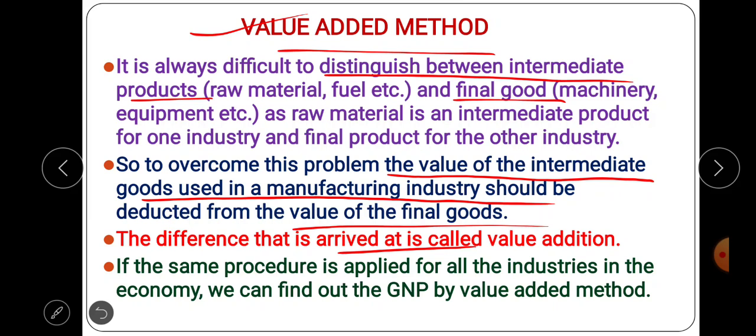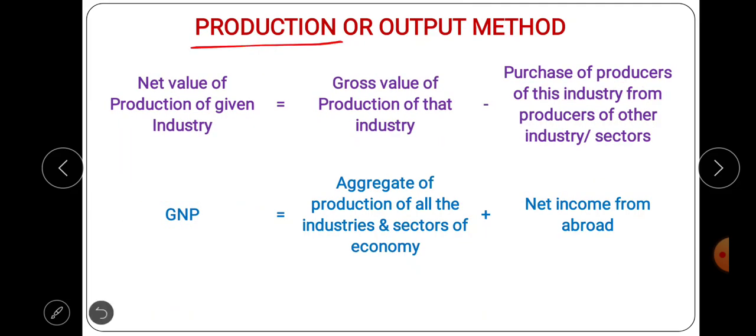If the same procedure is applied for all industries in the economy, we can find out the GNP by the value added method. Okay, so this one is the value added method, and the last one, that is the production or output method. With the help of this production output method, we can calculate the national income.